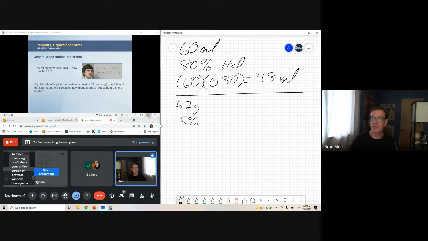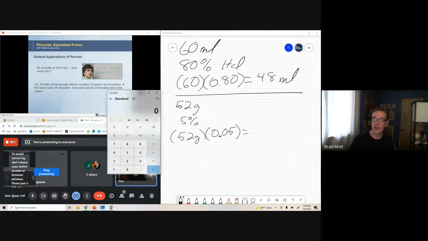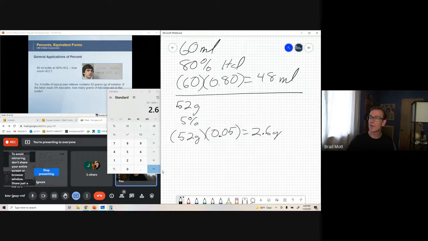Once again, we have 52 total grams times 0.05, once we convert that percentage into the decimal. 52 times 0.05 is going to leave us with exactly 2.6 grams of lidocaine in that topical ointment.